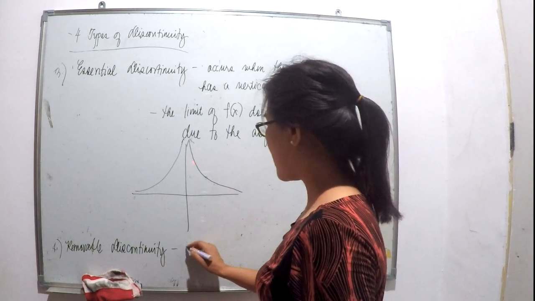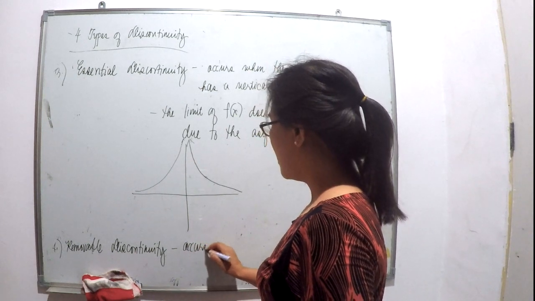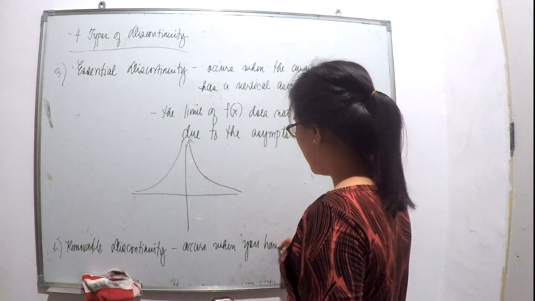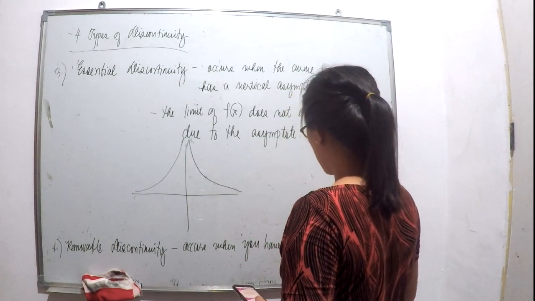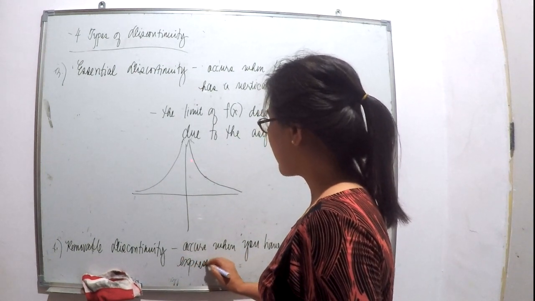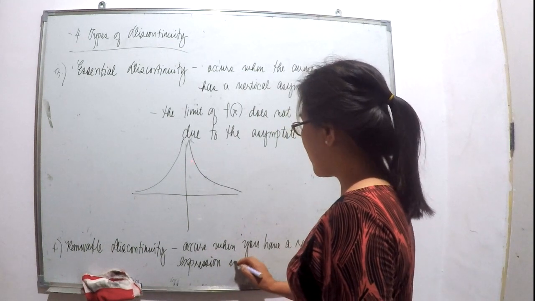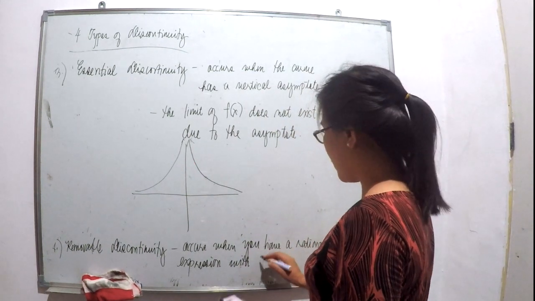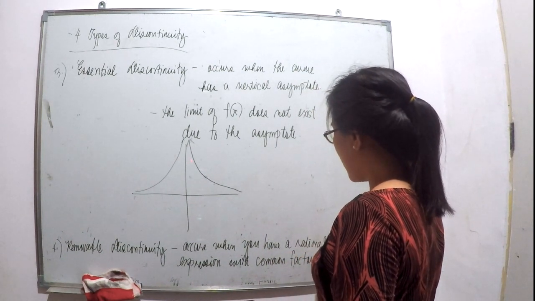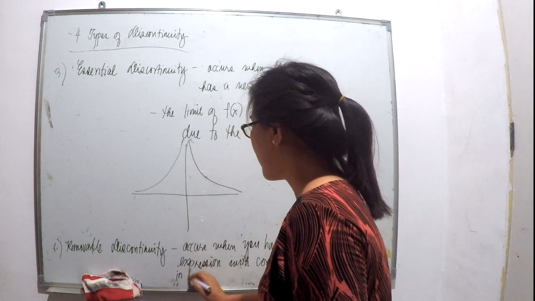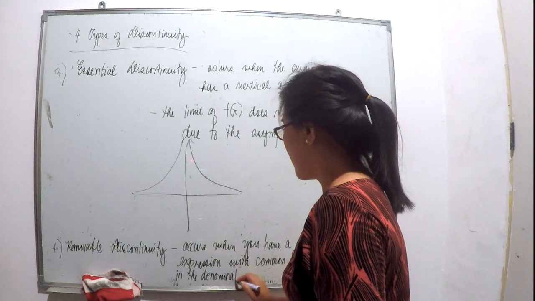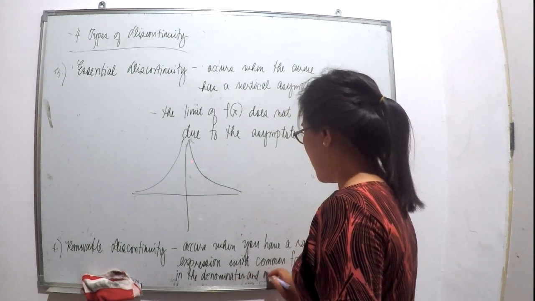Removable occurs when you have a rational expression with common factors in the denominator and numerator.